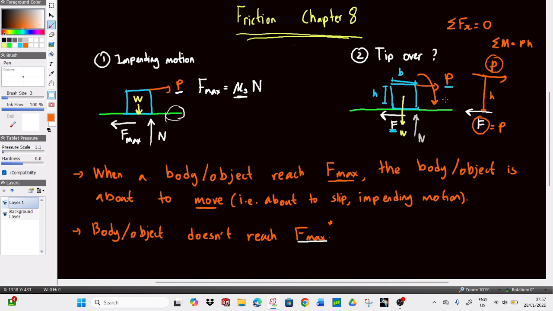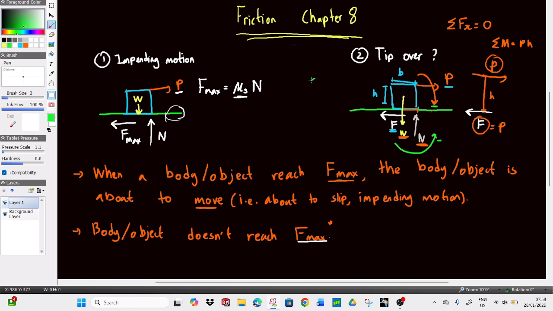The only way to counteract it is if the weight W and the normal force create a couple moment as well. If there is a distance between W, the weight of the object, and the normal force, this will create a counterclockwise couple moment to counteract the clockwise couple moment.